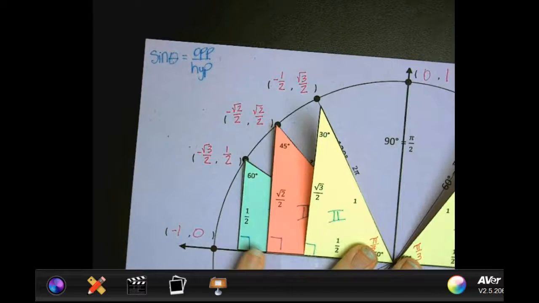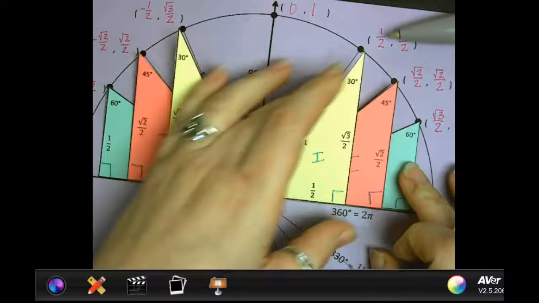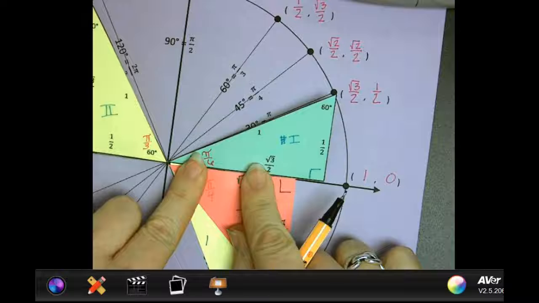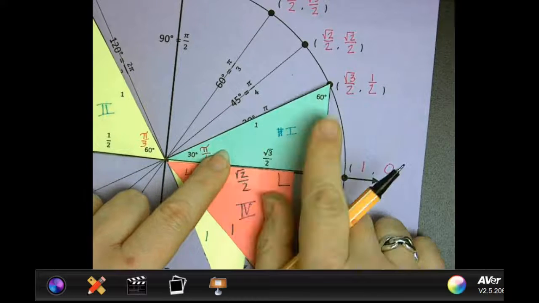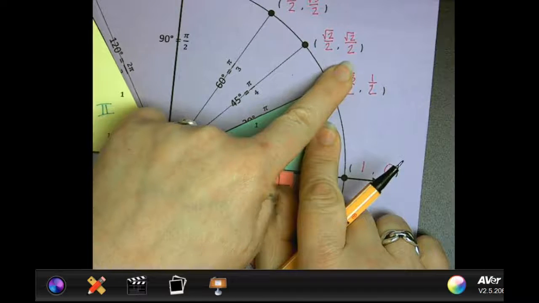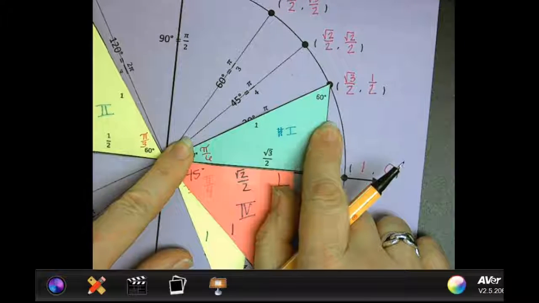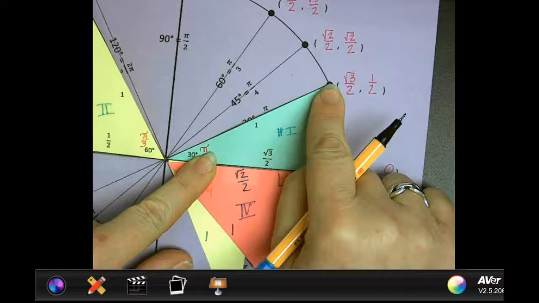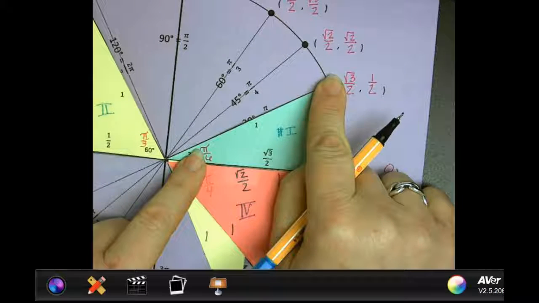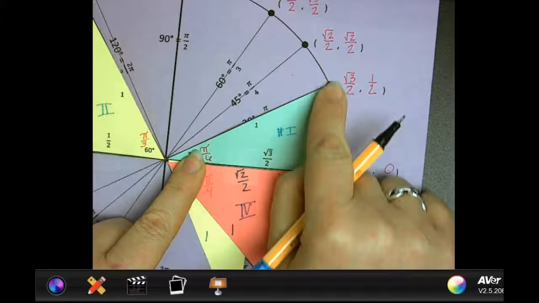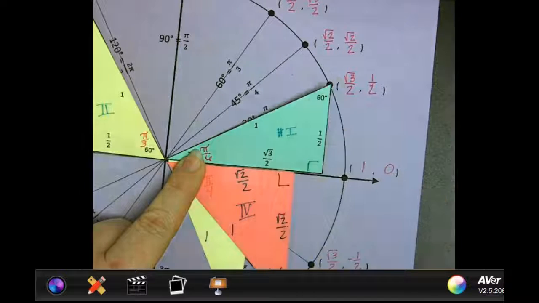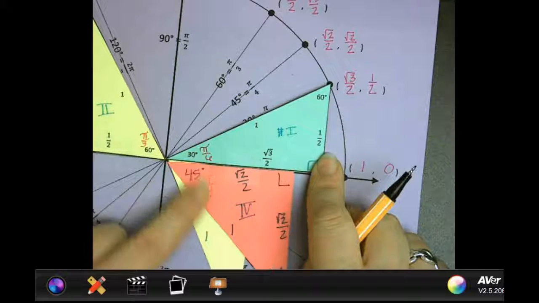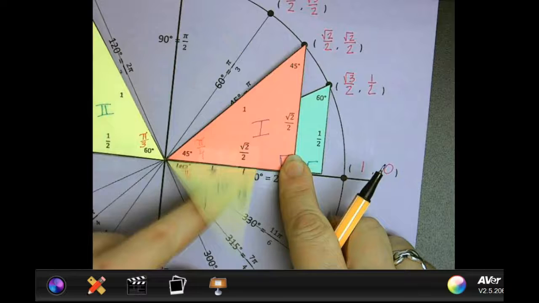So here, what's happening with these? Let's just look at 30. There's nothing special about 30. It could be anything, but the sine is opposite over hypotenuse. On the circle, what that means is the opposite is which value? Not specific for 30, but just in general, what goes up and down on the coordinate plane? Y. So the opposite is your y value. Using 30 or 45 or 60, it doesn't matter, right?